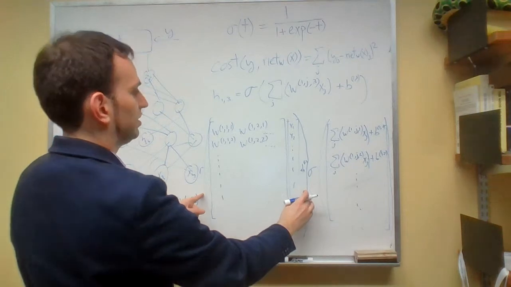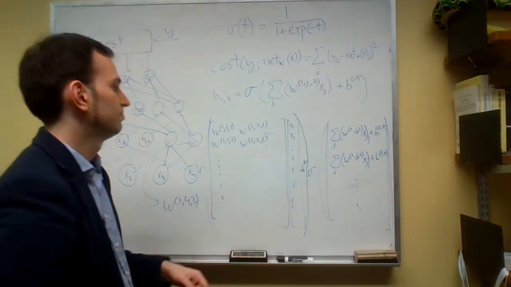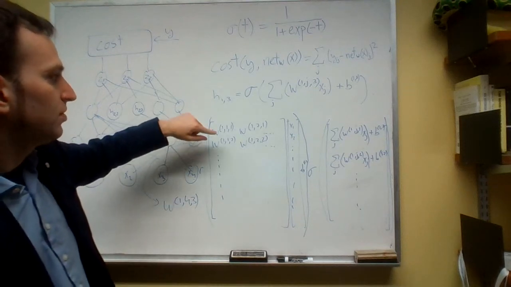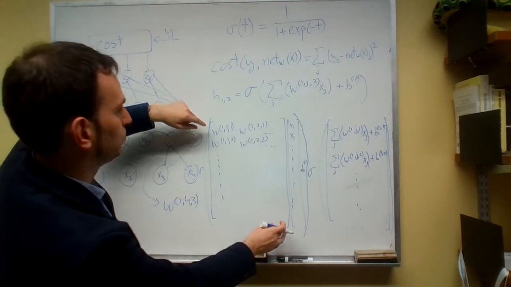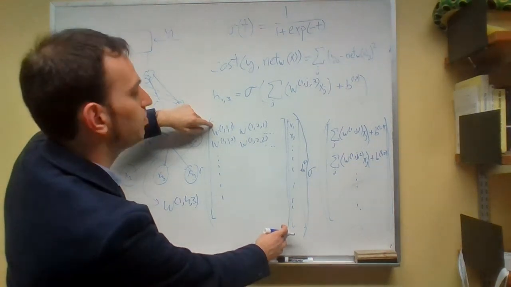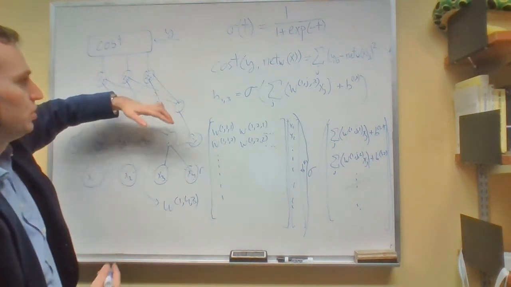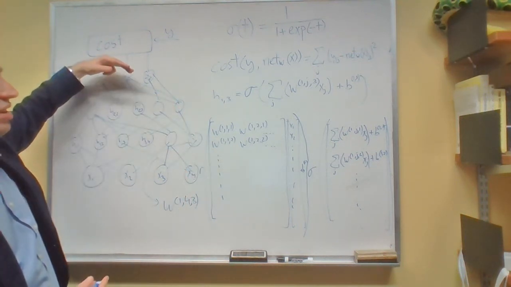What we'll get is that this is the same as this. All that's left is to set up the matrix like that. And once you set it up, you can compute all the h's all at once. You can similarly compute all the h's here and all the z's here.